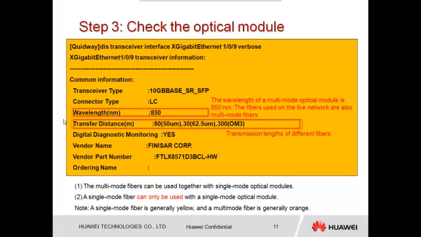A single-mode fiber is generally yellow, and a multi-mode fiber is generally orange. So multi-mode fibers can be used with single-mode optical modules and multi-mode optical modules, but a single-mode fiber can only be used with a single-mode optical module. Okay, next.